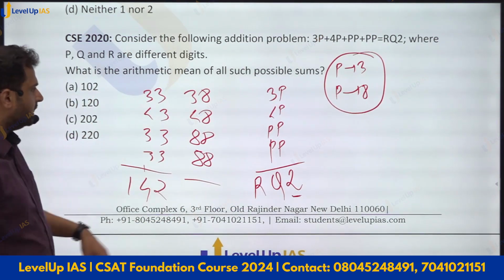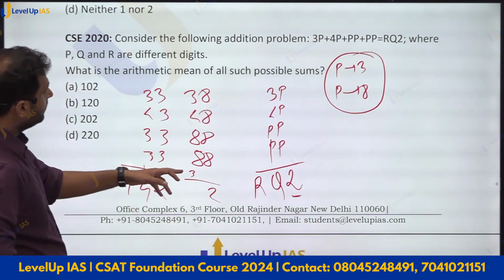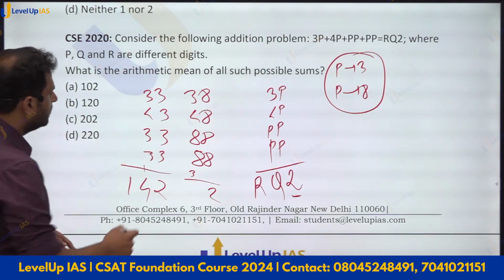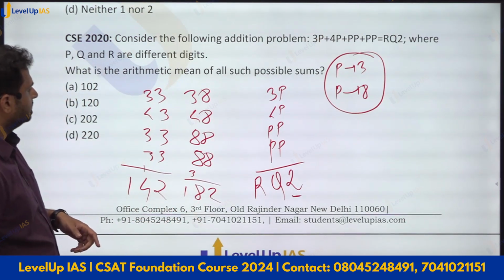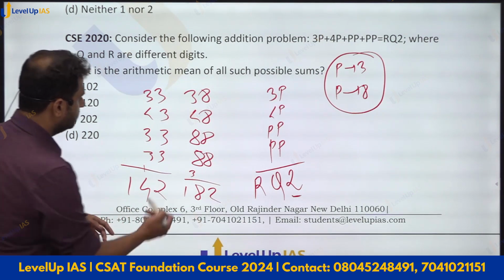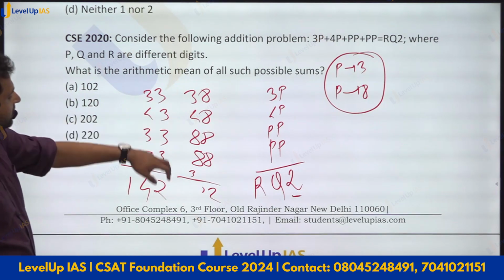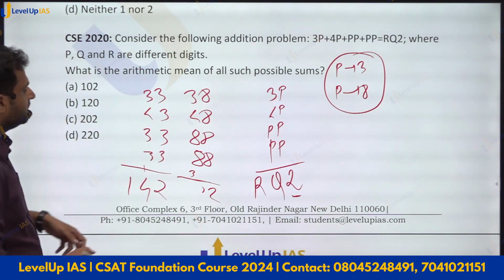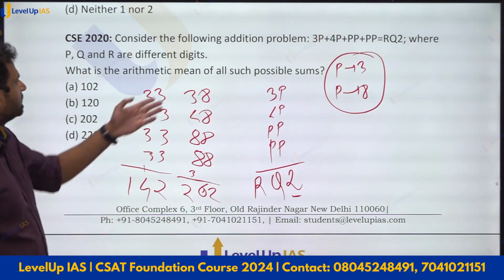All are different, that is okay. And then this is 182? No. 7 plus 3, 10. 10 plus 16, 26. 262. So these are the two possible sums.